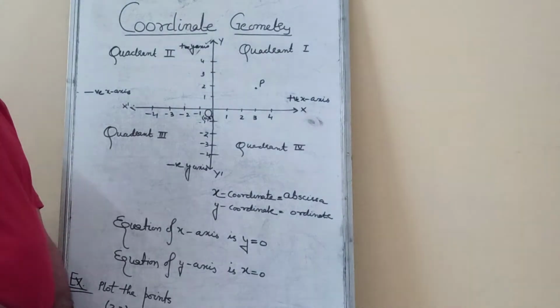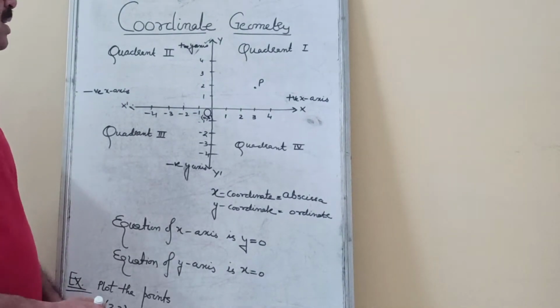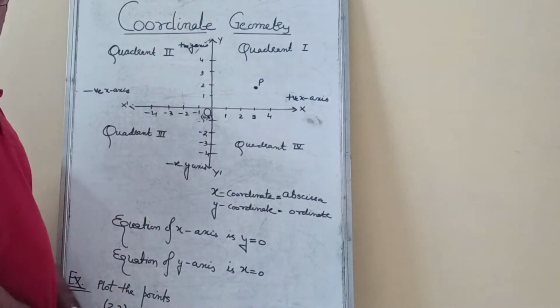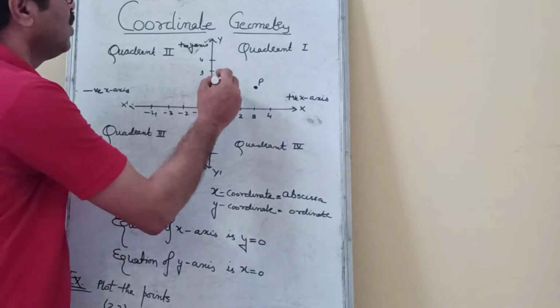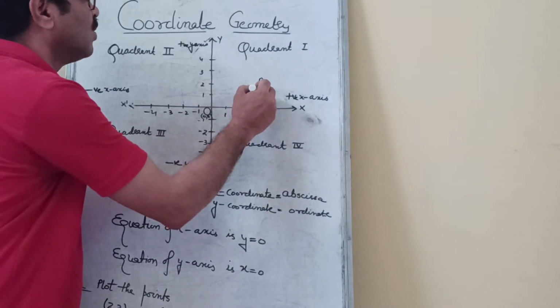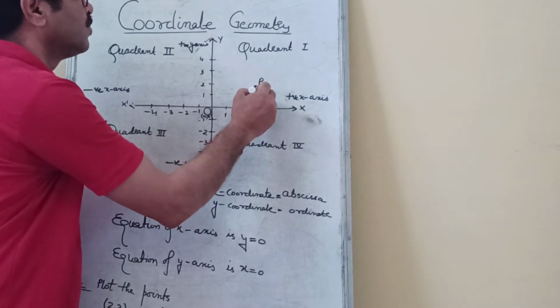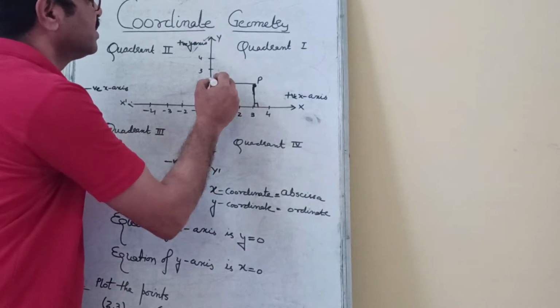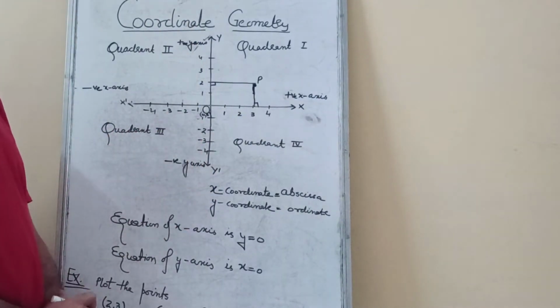Now to find the position of a point in a plane, suppose this is a point P. To find the position of this point, I will draw two perpendiculars, one on the x-axis and one on the y-axis.